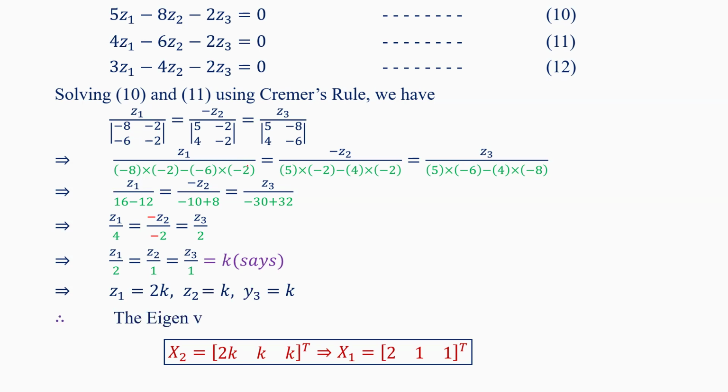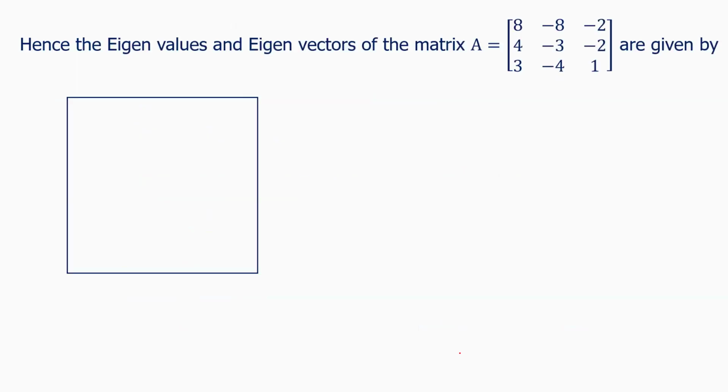Therefore, the eigenvector corresponding to eigenvalue lambda equal to 3 is given by x3 equal to (2, 1, 1) transpose. Hence, the eigenvalues and eigenvectors of the matrix A are as follows.